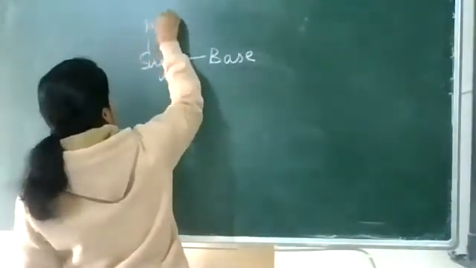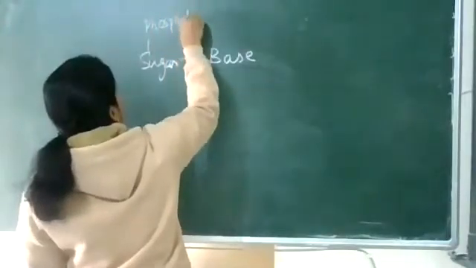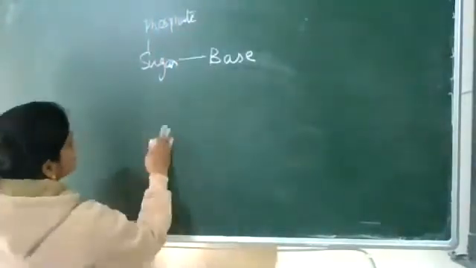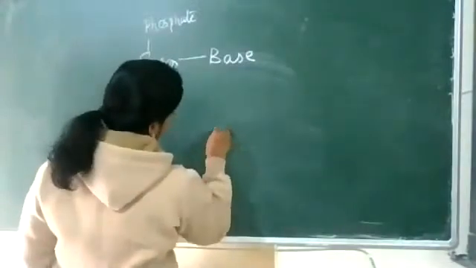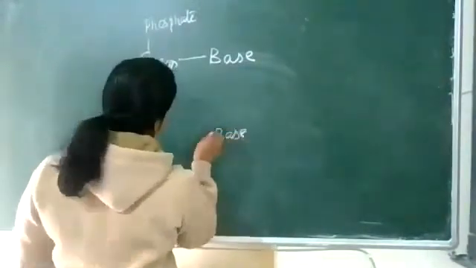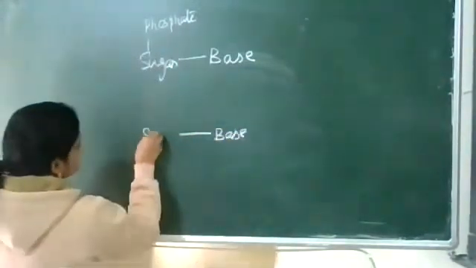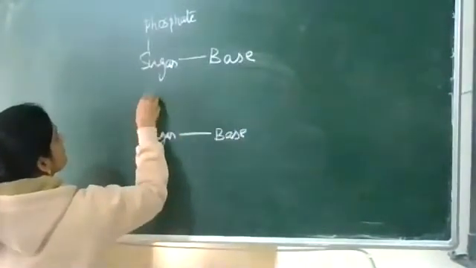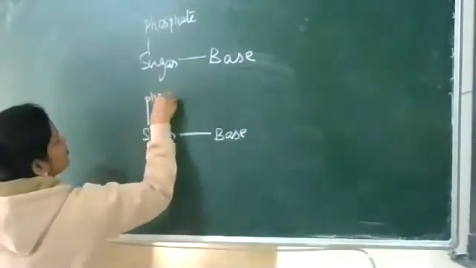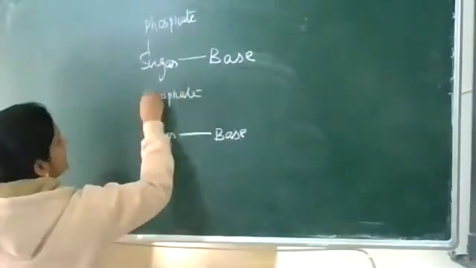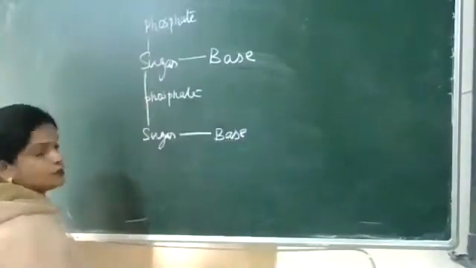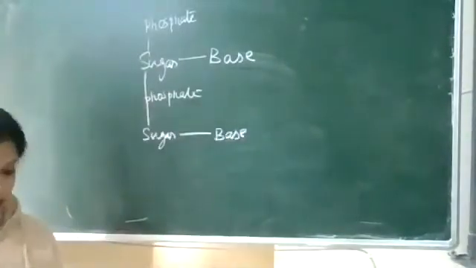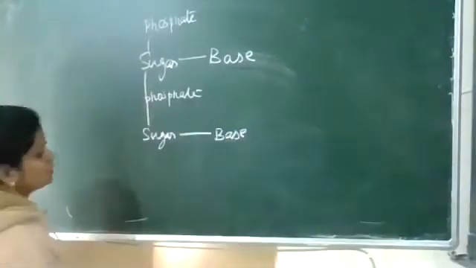Now next one, base, sugar, phosphate. This is connected to the 3' position. So base, sugar, phosphate, base, sugar, phosphate.